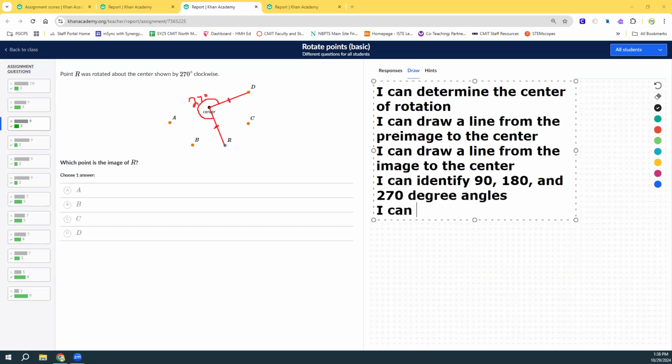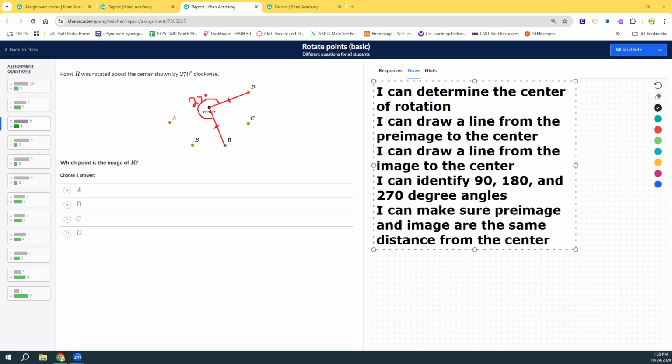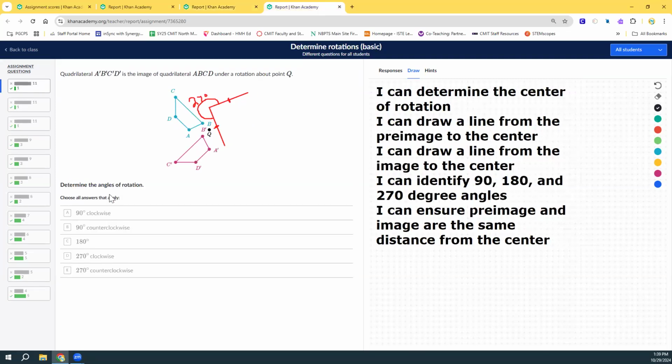And I can make sure, oh, I should say, I can ensure pre-image and image are the same distance from the center. Ensure. Okay, can you ensure that? If you can do those things, you're not gonna get any of these wrong.